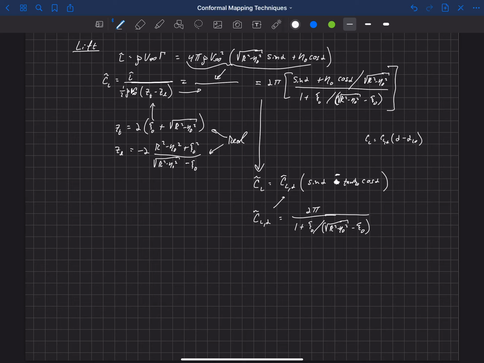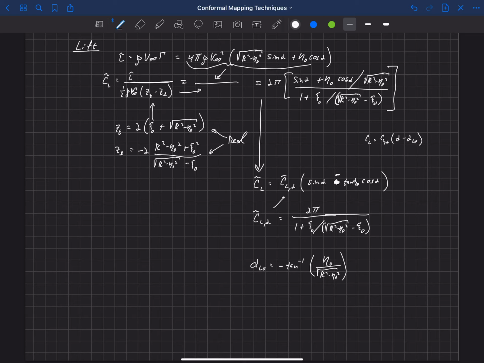If you now solve for alpha L0, what we get is minus the arctangent of eta naught over the square root of r squared minus eta naught squared. So that's our zero lift angle of attack.